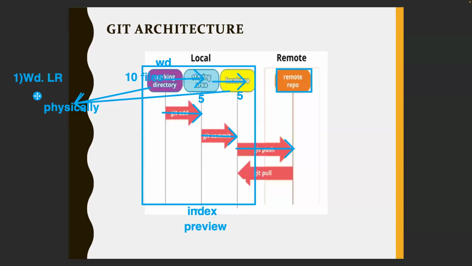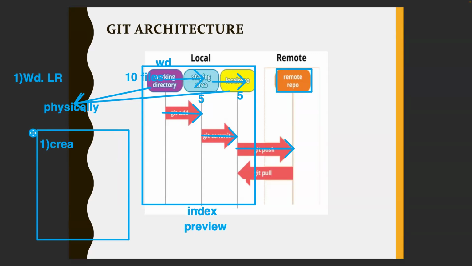What is meant by that again? Logically, how are they different? Let's see. Let's suppose this is your working directory, a folder in your system. If you just created a file here or brought some file and placed it here for version controlling, it is said to be in the working directory.